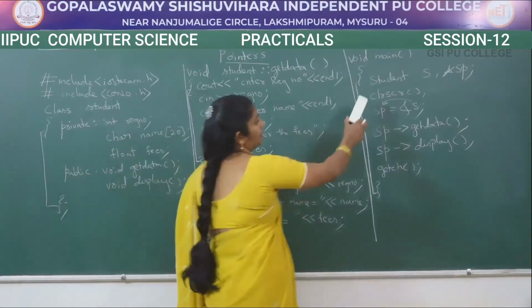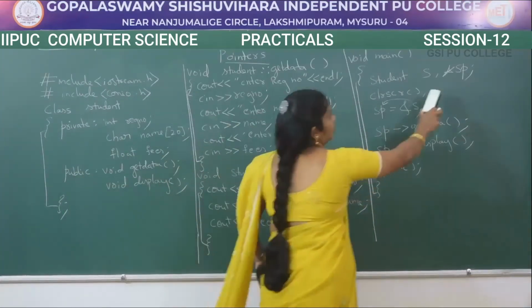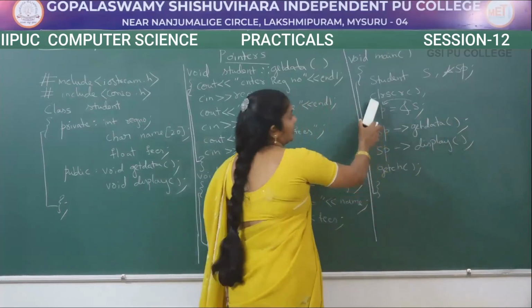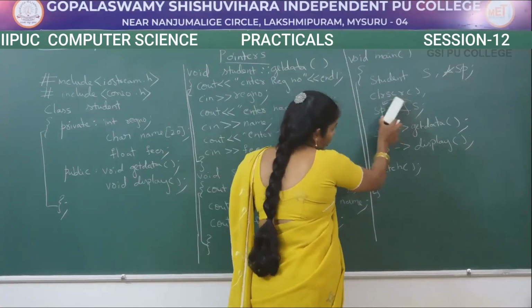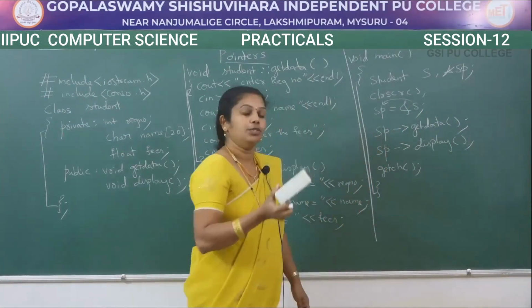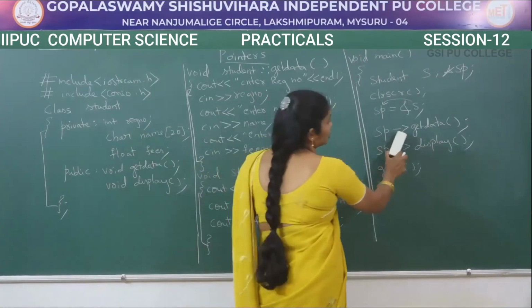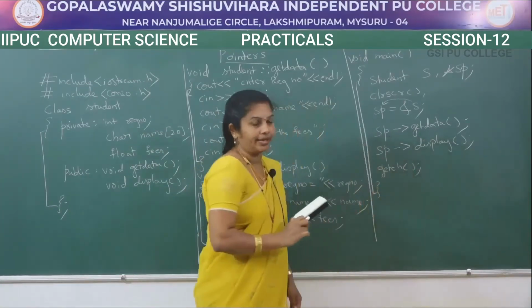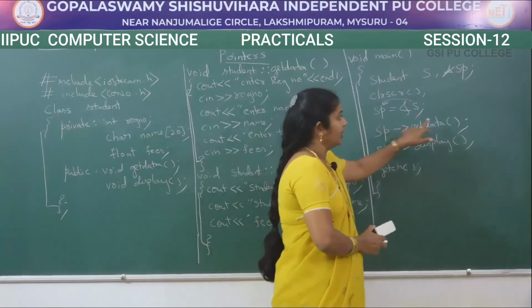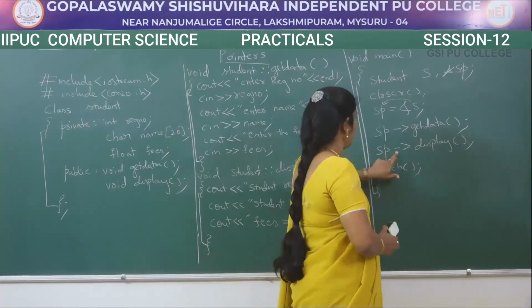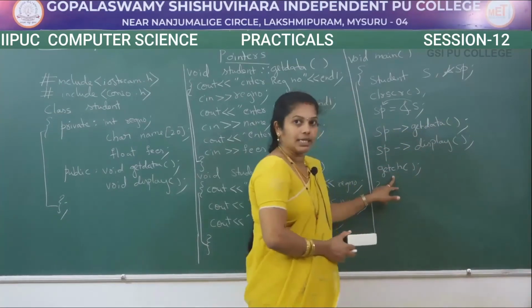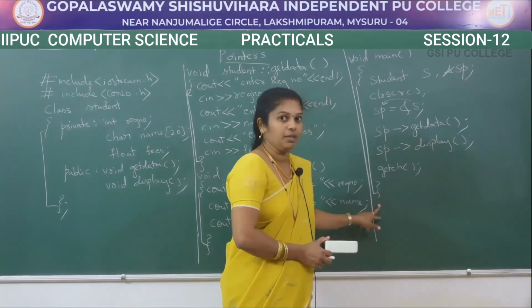In the main program create an object and a pointer. Then clear screen, the address of the object is transferred to the pointer, then call the functions with the arrow operator, that is SP arrow get data function, SP arrow display function, then getch, then close the main program.